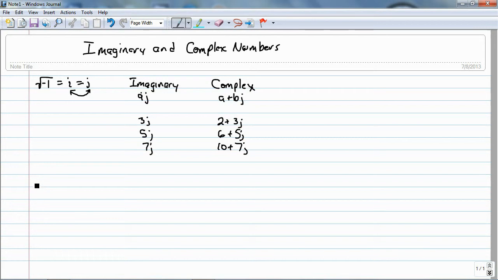Now, the operations for complex numbers are actually fairly simple. If I want to add two complex numbers, well, it's just adding the real parts and adding the imaginary parts.